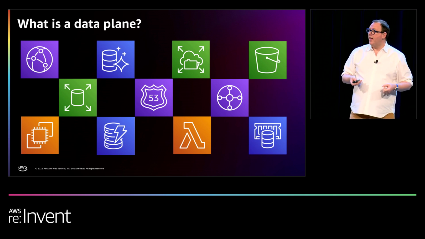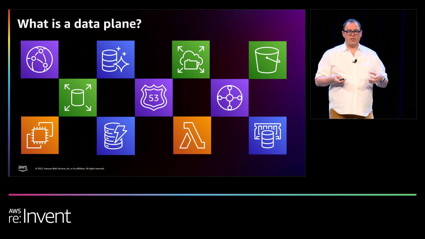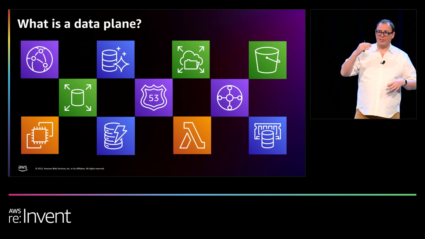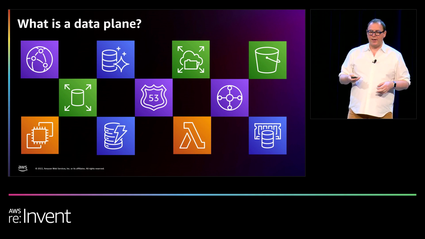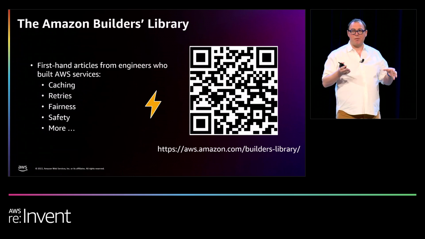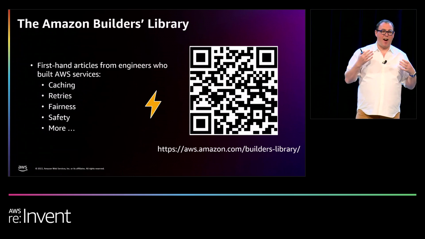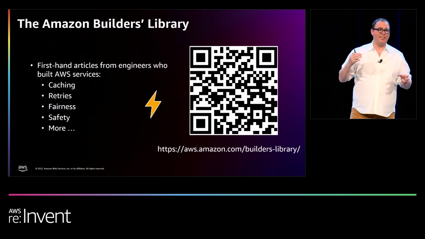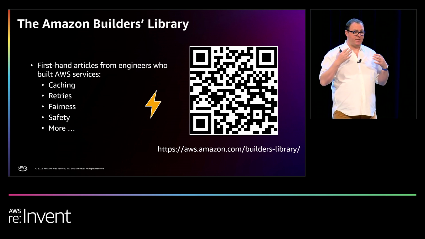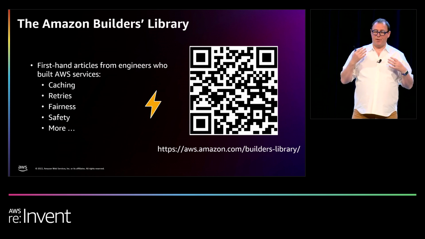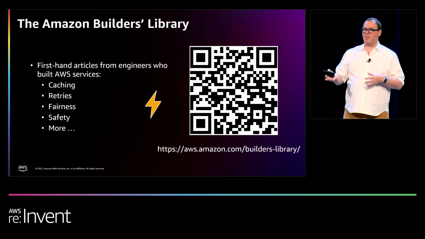A lot of what I'm going to talk about today, we've got articles that go into even greater depth at the Amazon Builders Library. These are really deep technical articles, written by first-hand experts, folks who actually built Amazon Web Services.